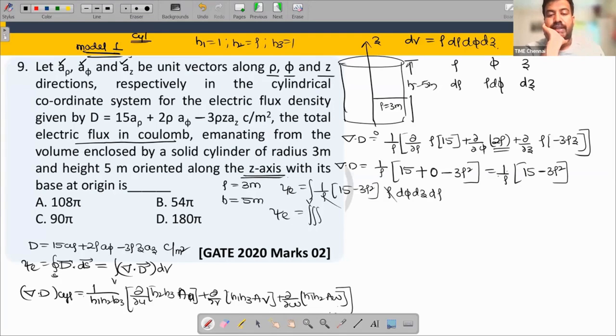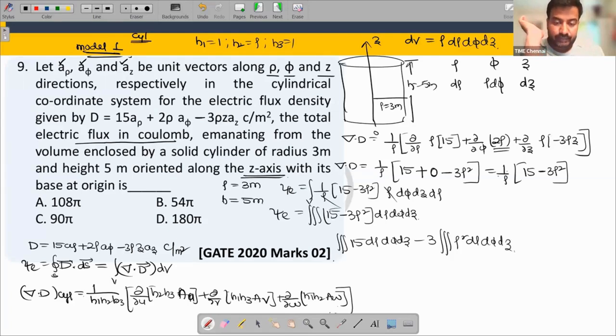Psi E is the triple integral of 15 minus 3 rho square d rho d phi dz. This is 15 times the triple integral of d rho d phi dz, minus 3 times the triple integral of rho square d rho d phi dz.